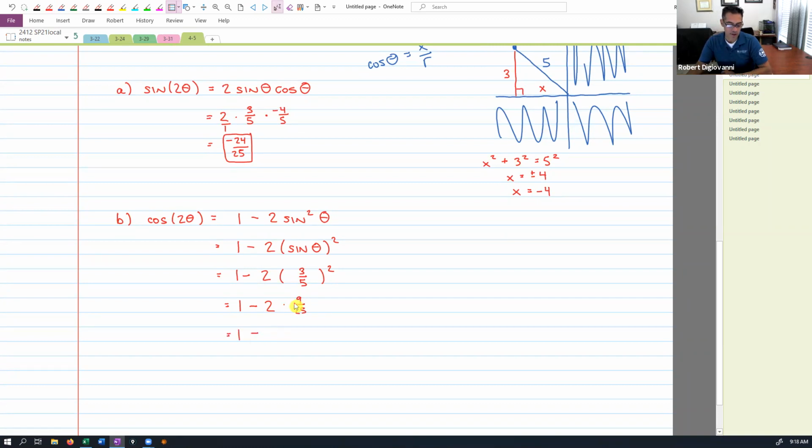And then you multiply 2 times this fraction, which gives you 18 over 25. Now you need a common denominator between these two, so you multiply top and bottom by 25 here, and you get 25 over 25 minus 18 over 25. And that gives you 7 over 25. There you go.